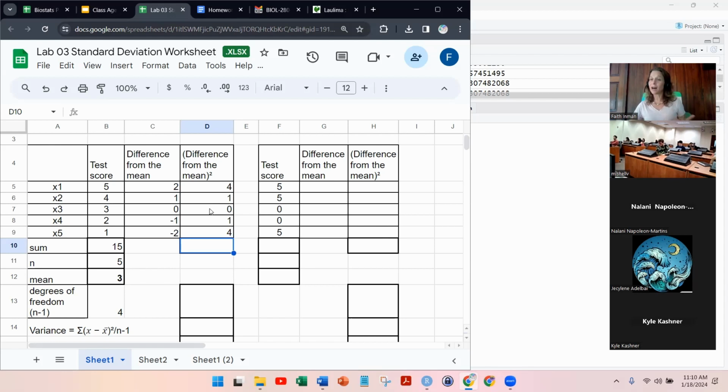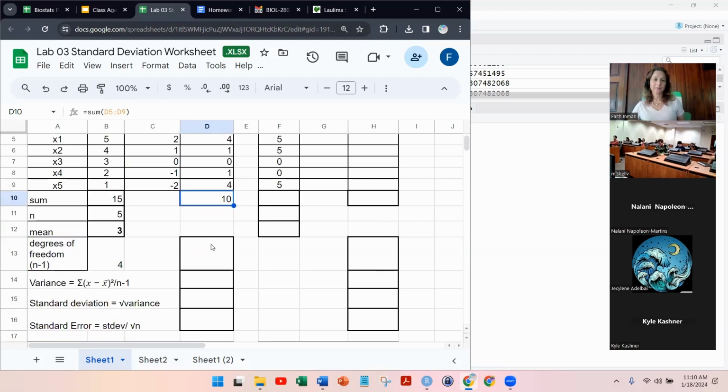And then you take the sum of the squared differences. And so you just say equals sum, or you can add it up in your head, but there you go, 10, right? So the sum of the squared differences is 10.